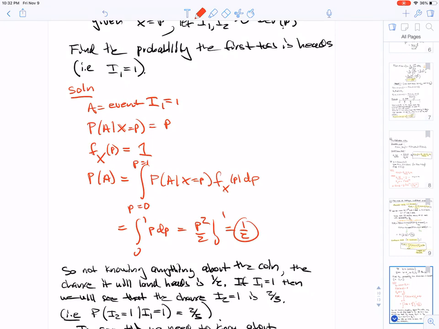So it's the integral from 0 to 1 of p dp, which is p squared over 2, from 0 to 1, which is a half. So not knowing anything about this coin, the chance it's going to land heads is a half.